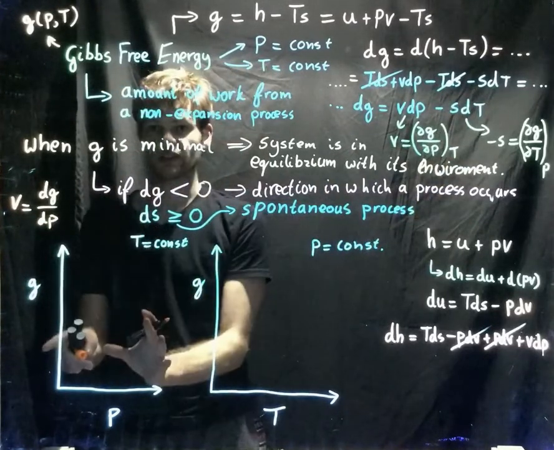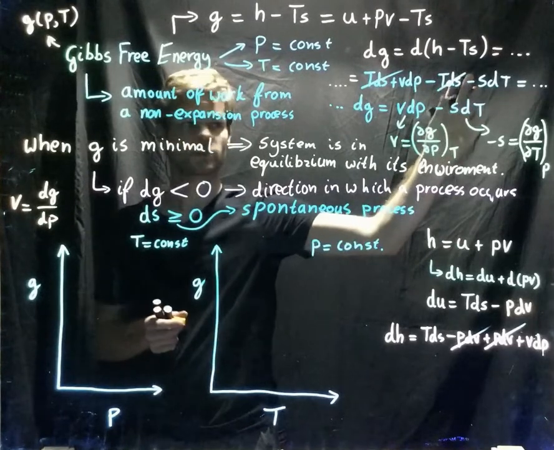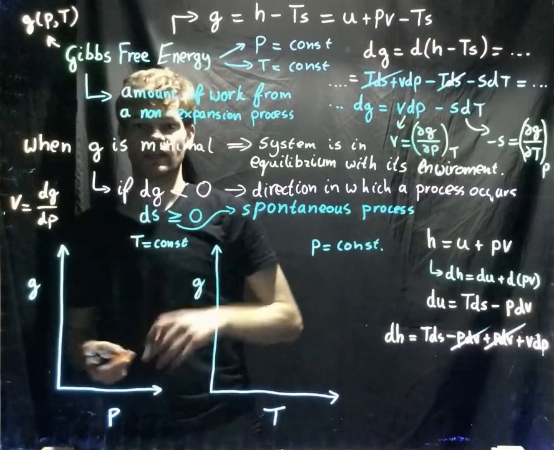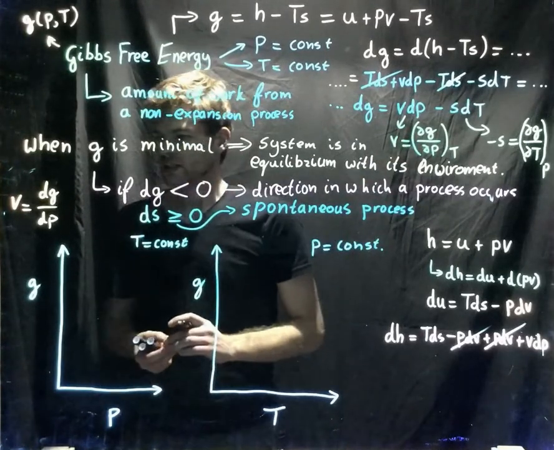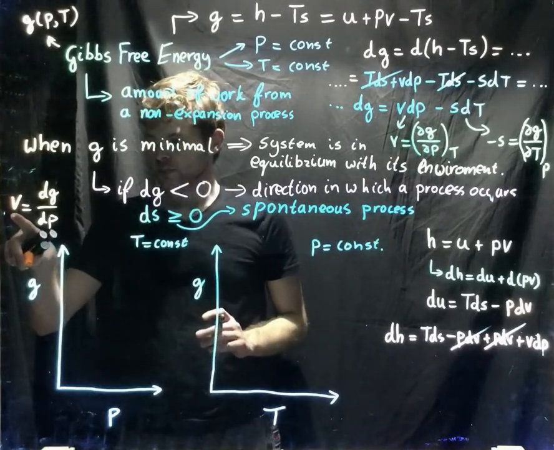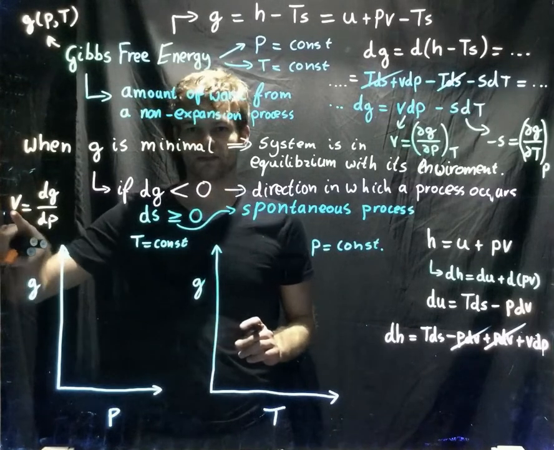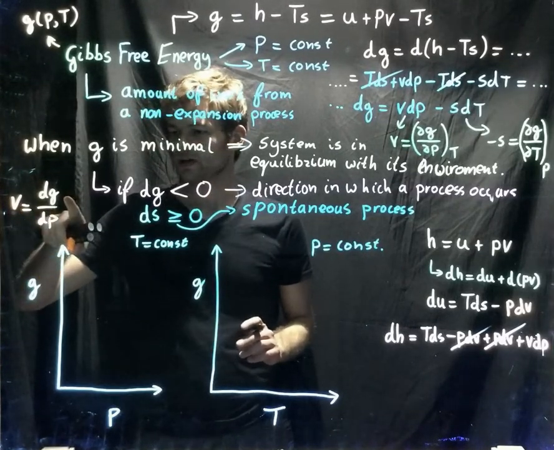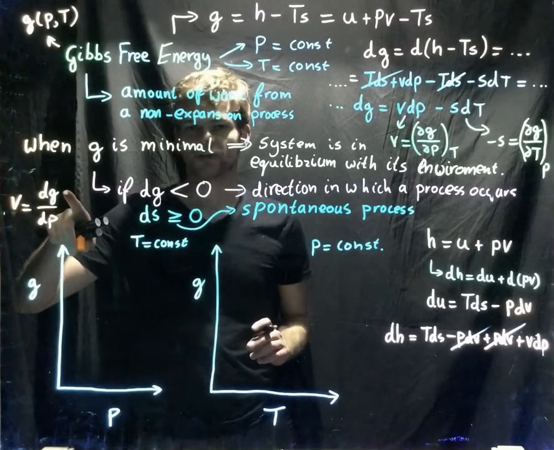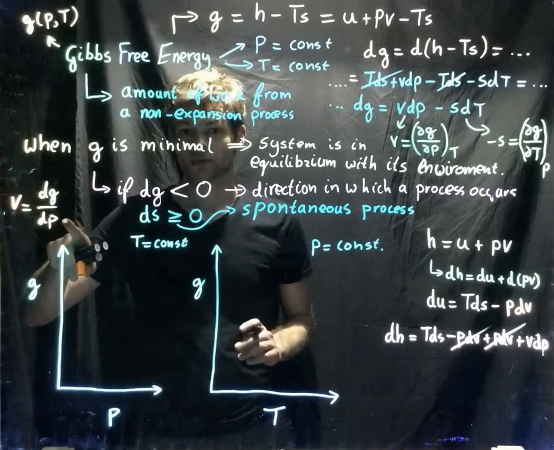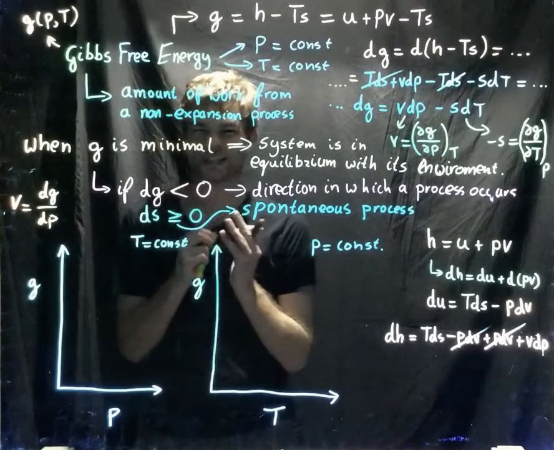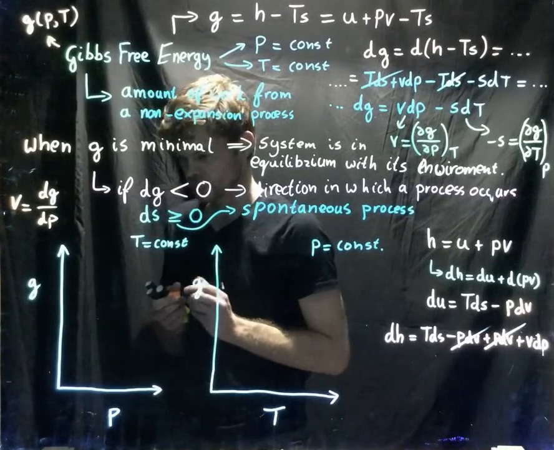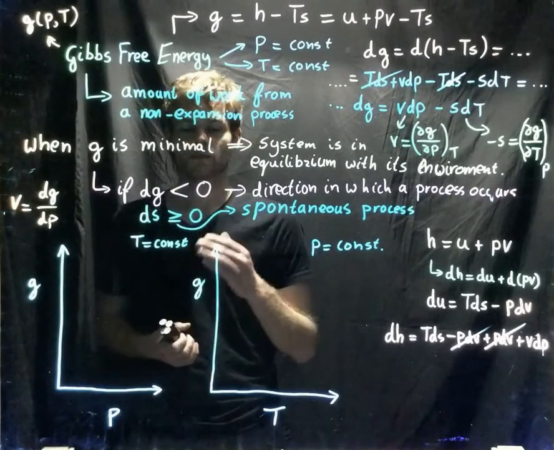So in this case, I can just assume these are d's and actually not the partial derivatives anymore. Okay, well, so I know the volume will be the slope of the Gibbs energy with respect to pressure.